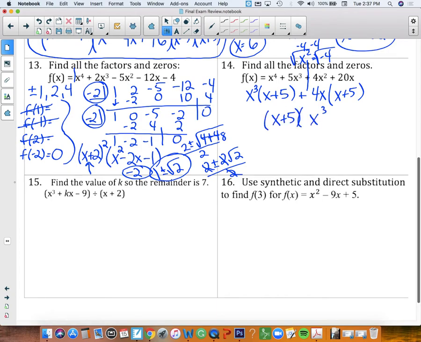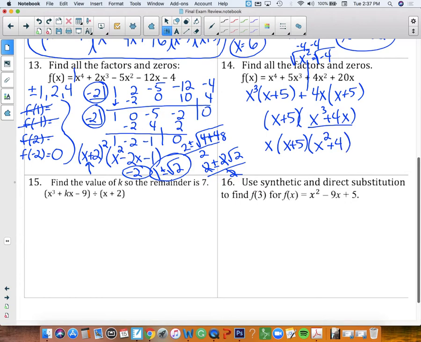And then we have x cubed plus 4x. All right, so we're going to have to continue breaking this one down because there's an x in both of them. Okay, so let's take an x out of there. So I'm going to put that way out front just to kind of keep it there. So x plus 5, and I took an x out of this one, so I get an x squared plus 4.